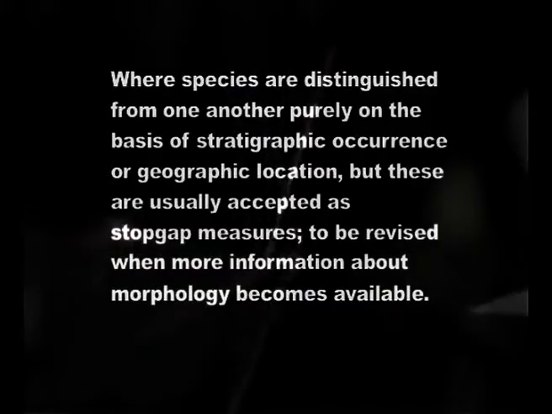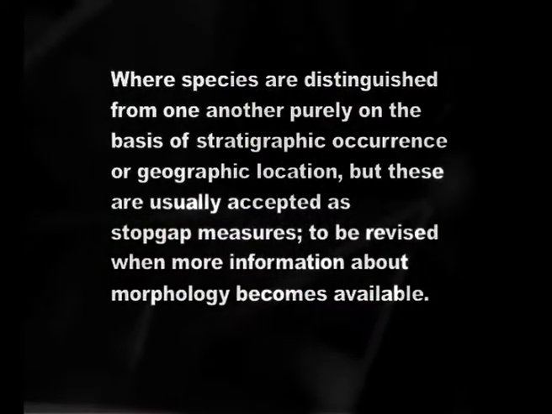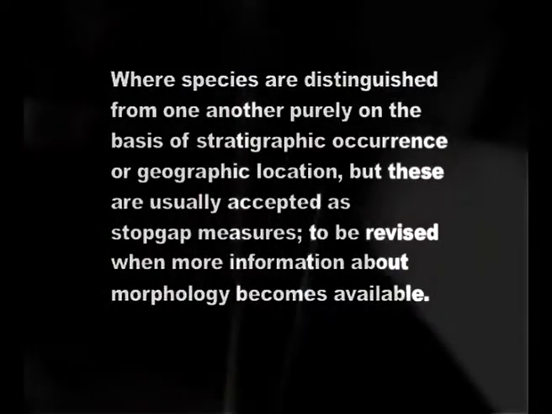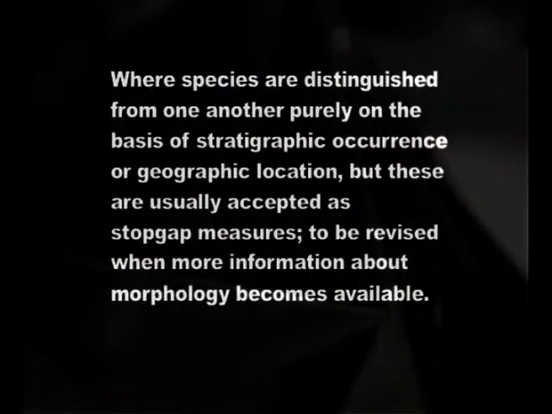Species in the fossil record are nearly always recognized on morphological criteria. There are some exceptions, such as instances where species are distinguished from one another purely on the basis of stratigraphic occurrences or geographic location.